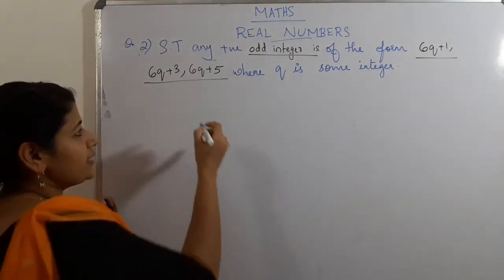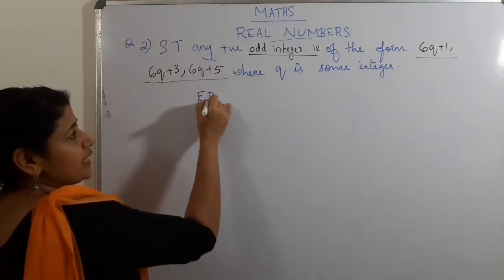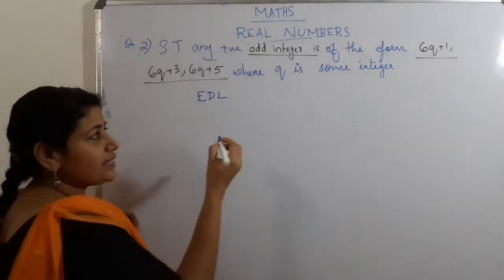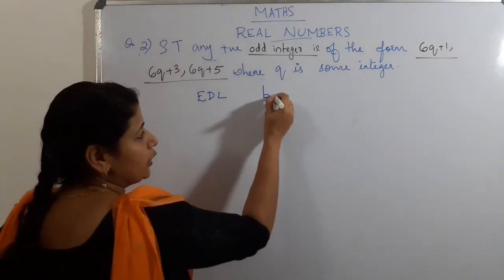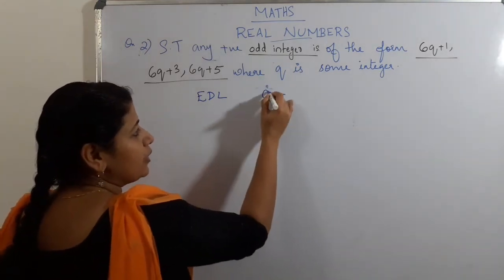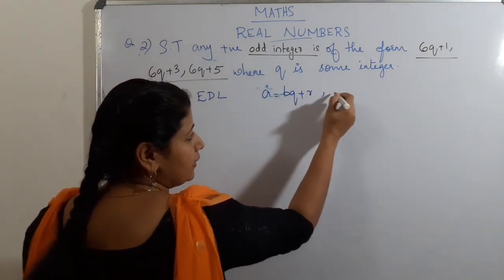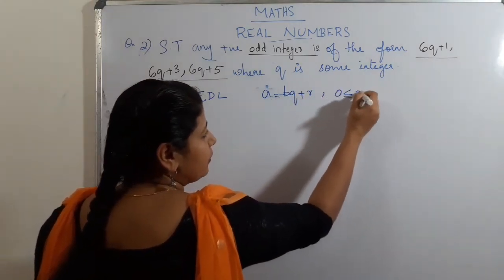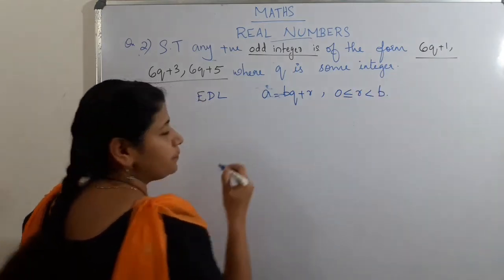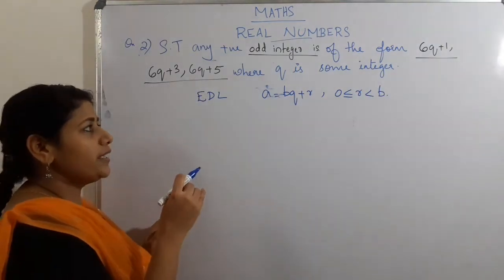First we write Euclid's division lemma. What is that? It is a equals bq plus r, where 0 is less than or equal to r, which is less than b. That you all know, isn't it?